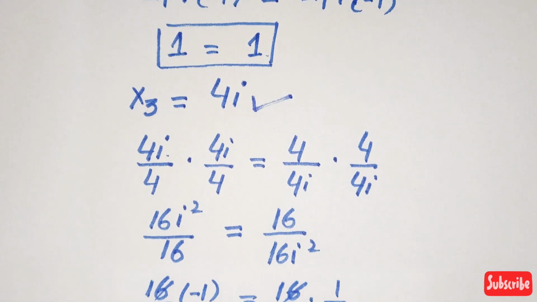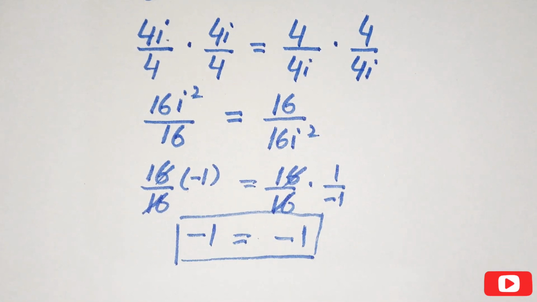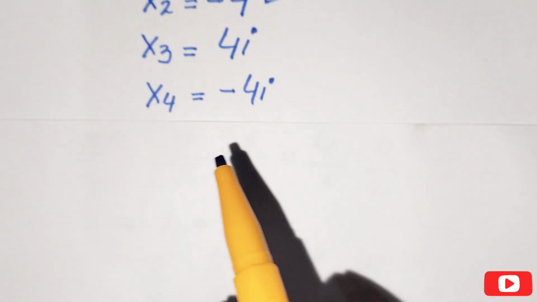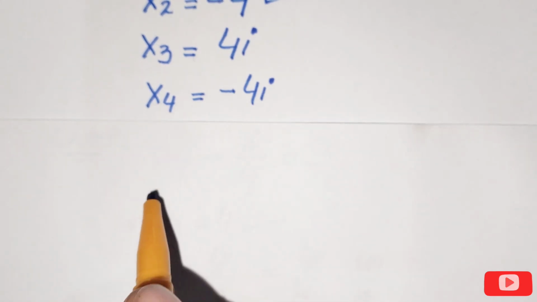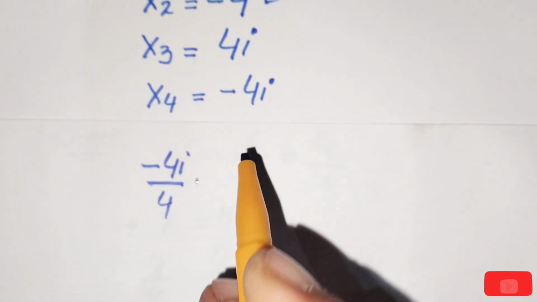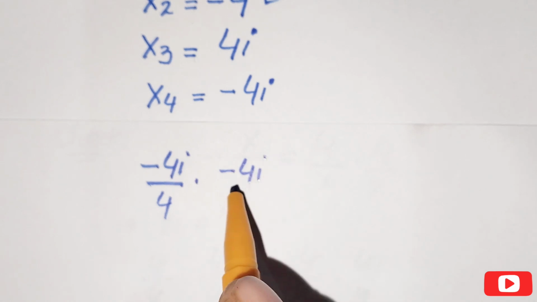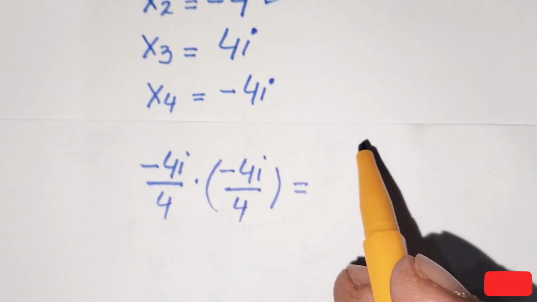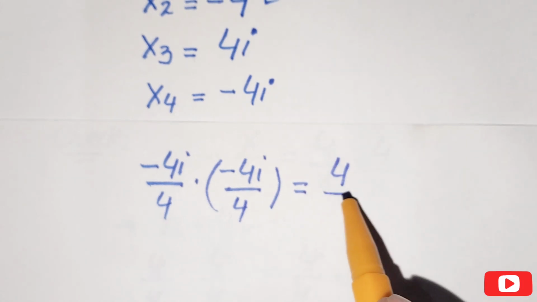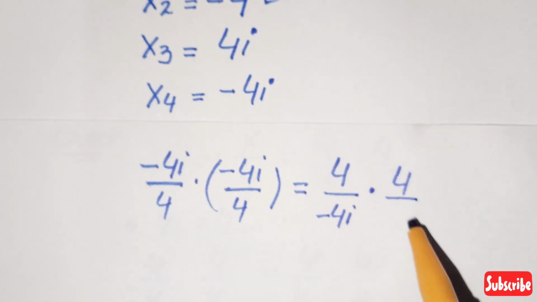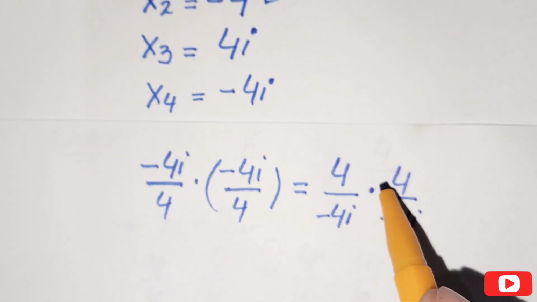Now we are going to solve our last value, which is x4 is equal to minus 4i. So we take x4 is equal to minus 4i. Then x divided by 4 is minus 4i divided by 4 times minus 4i divided by 4, which is equal to 4 divided by x, which is 4 divided by minus 4i times again 4 divided by minus 4i.